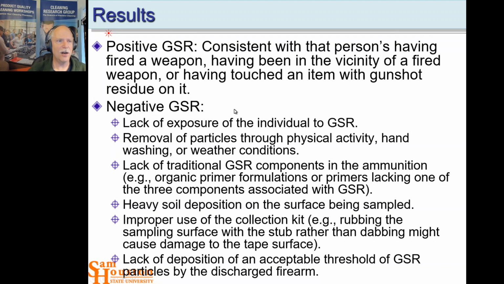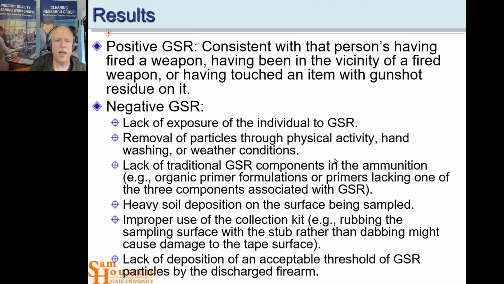So negative GSR just means that there was a lack of exposure of the individual to GSR, or that they washed their hands, or it was removed in some other way, maybe weather conditions, or perhaps that the ammunition lacked the lead, antimony, and barium components.